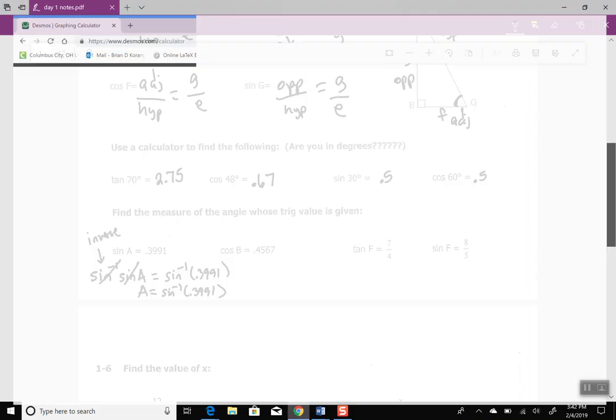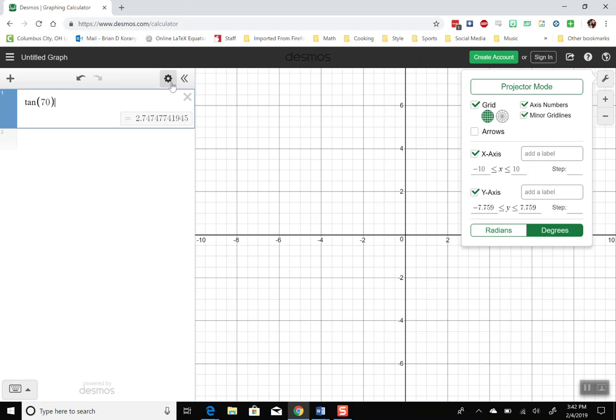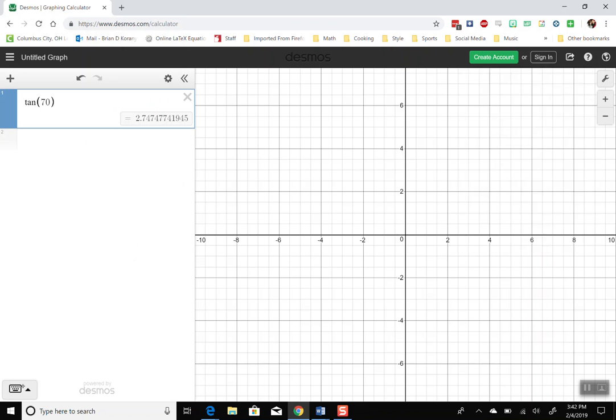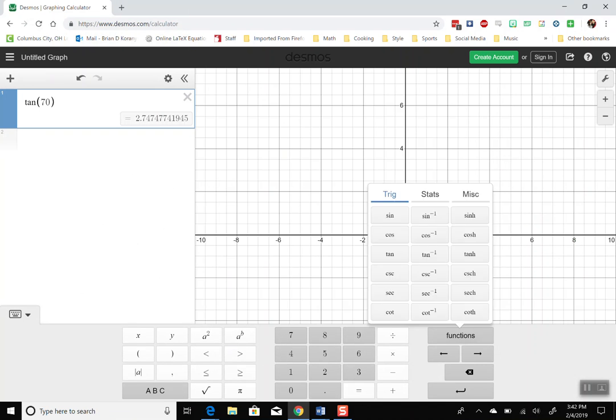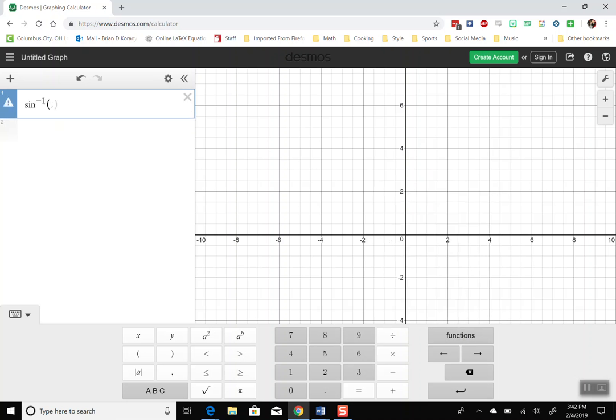0.3991. So I'm going to go to my calculator. If I pull up the keyboard and go to functions, you see they have these little functions right here, the inverse sine. So I want the inverse sine of 0.3991.